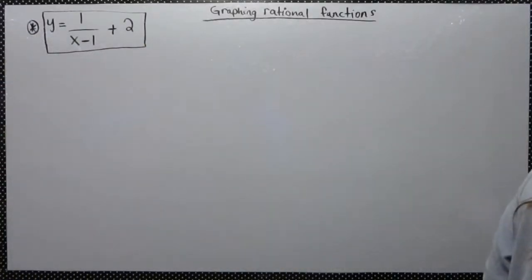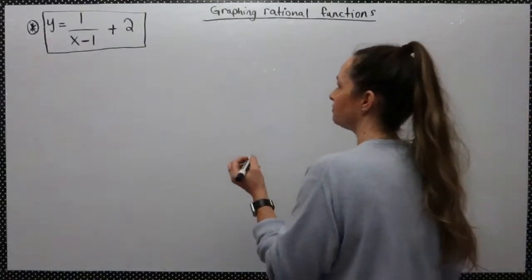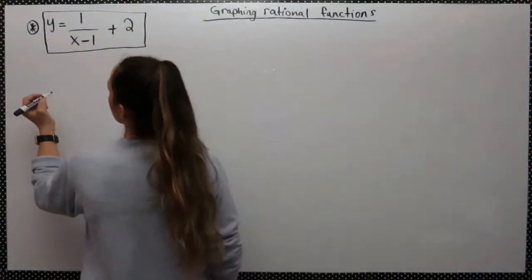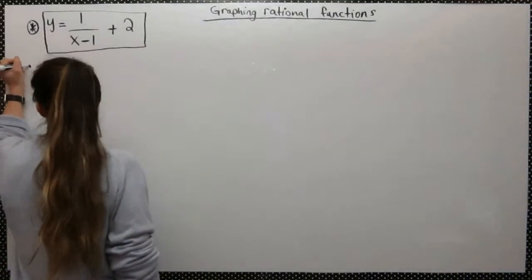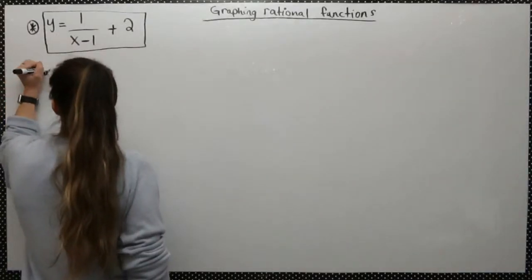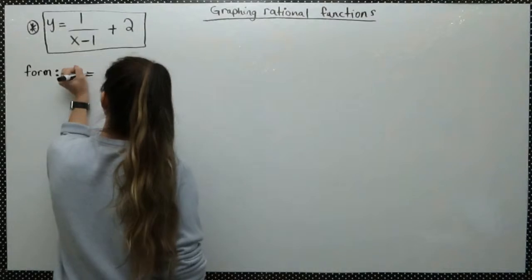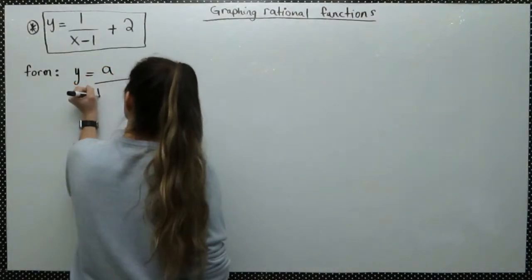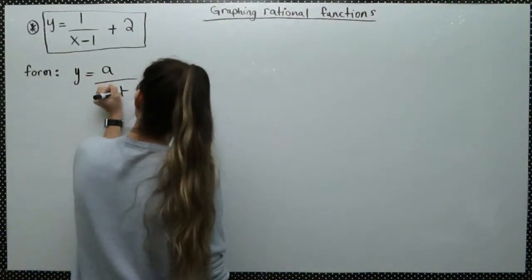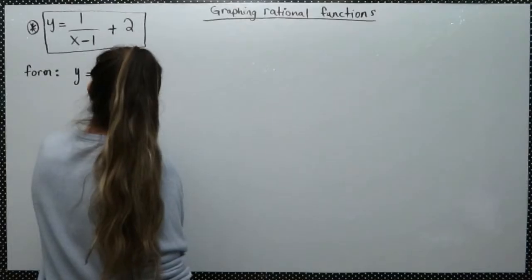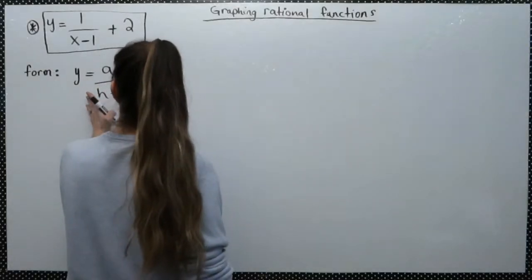All right, so this form that I found for rational functions, we'll start there. So you've got y equals a over x minus h, plus k.